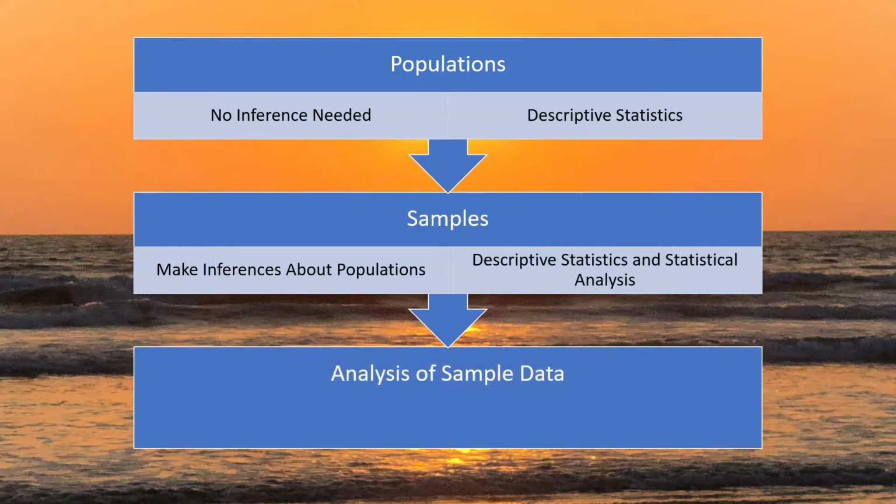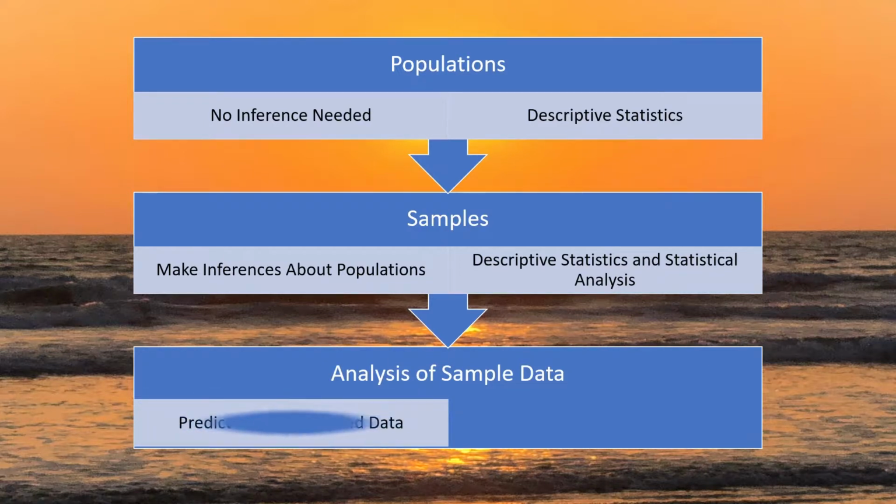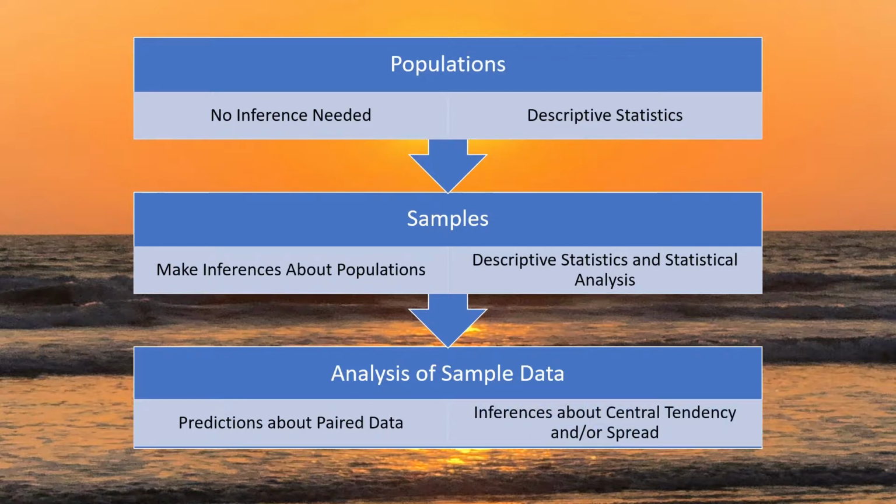And within the statistical analysis, we're going to be making predictions about paired data, and we make inferences about central tendency and/or spread. And probability comes into play when we're dealing with this analysis.